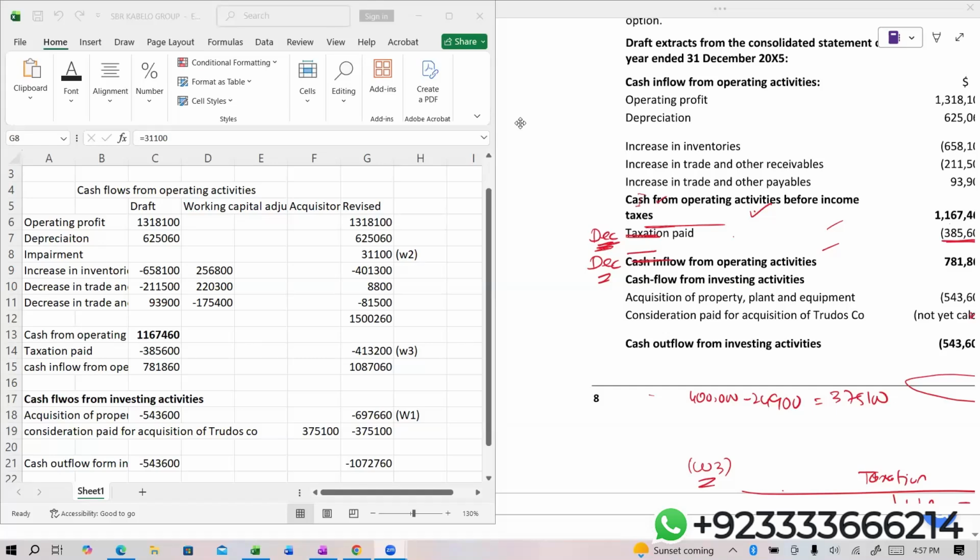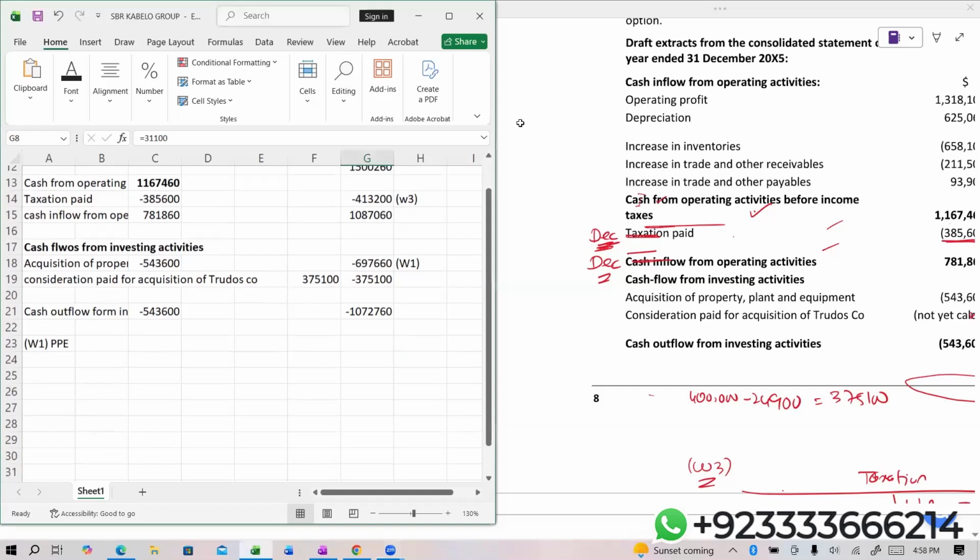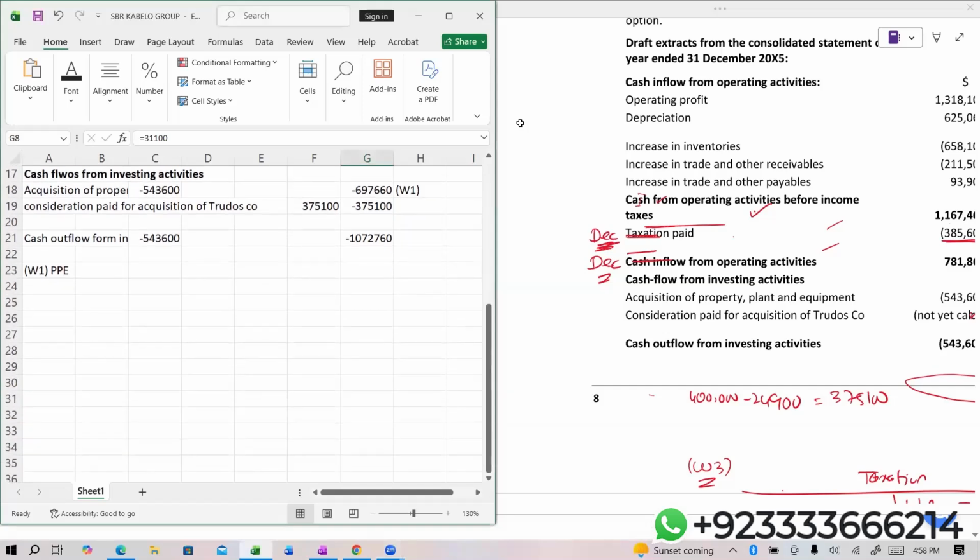One, when we are acquiring a subsidiary, the impact of its property, plant and equipment has to be considered in the T account ledger. Second, the fair value adjustment impact. We have to consider these two while calculating cash purchase. This is what you need to explain, no more explanation.